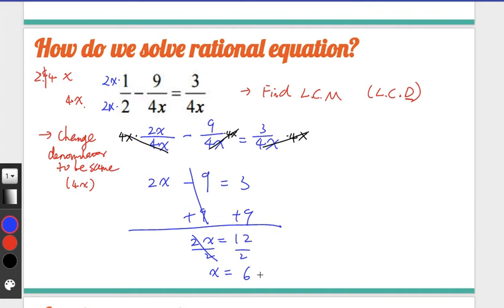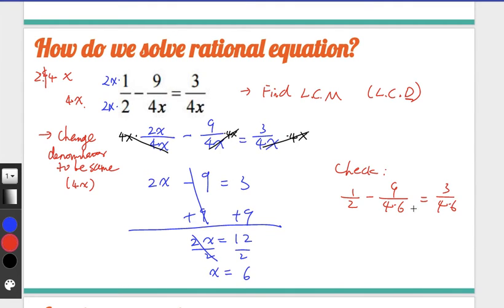So if you wonder, hey, is that even right? You can always put the 6 into the equation to check the answer. And I guarantee you, it will give you the same answer. We can even have a quick check here. 1 over 2 minus 9 over 4 times 6.